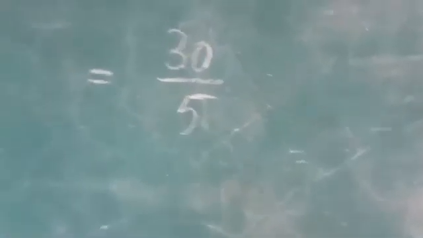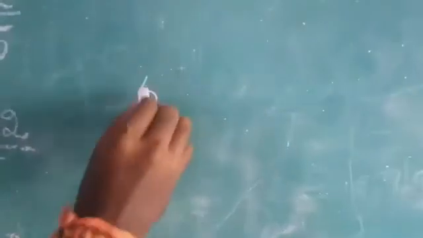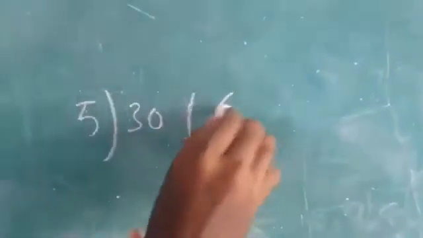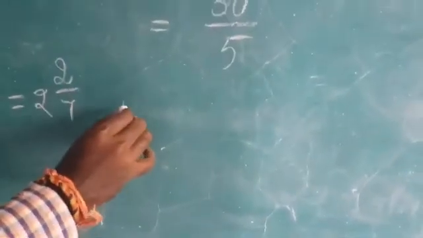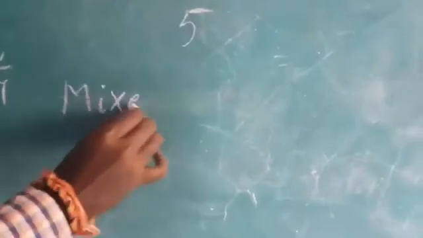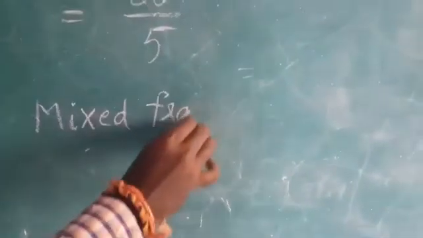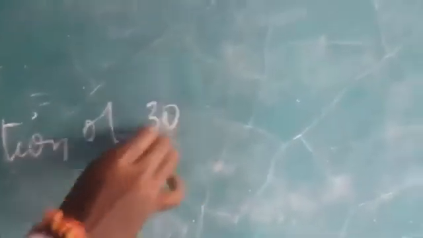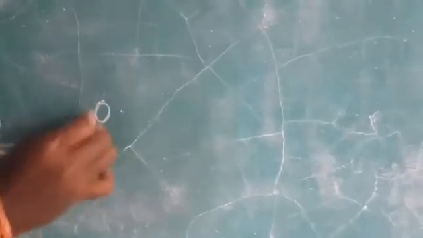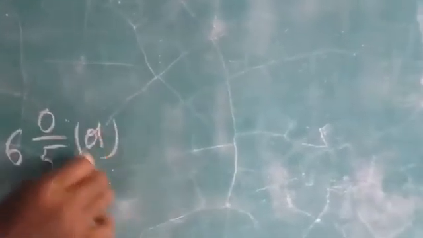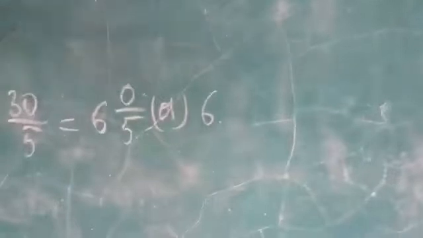So if you do the division, 5 6s are 30 and the remainder is 0. So what can you write? Mixed fraction of 30 by 5. You can write it as 6 also. Why? Because 5 and 5 are cancelled. Focus on all the problems.